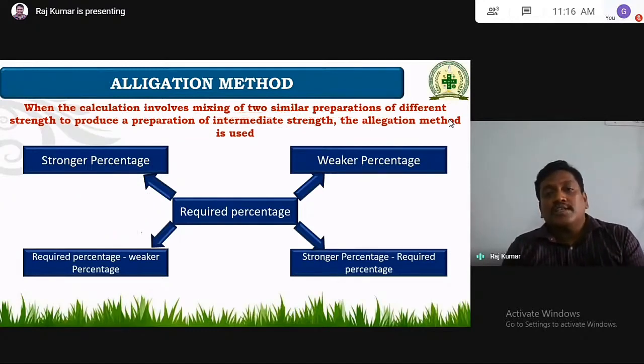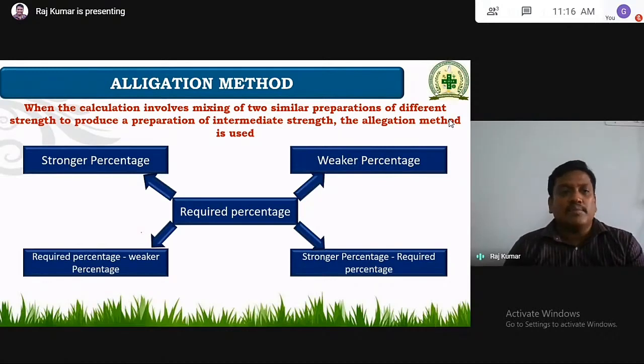So if you have two, three or four concentrations, even then by using this alligation method we can develop a required strength of alcohol or whatever solution it may be. People feel that this method is used only for alcohols. No, this is the method used to dilute things. If you want to prepare different concentrations from the available concentrations, you can use this method.